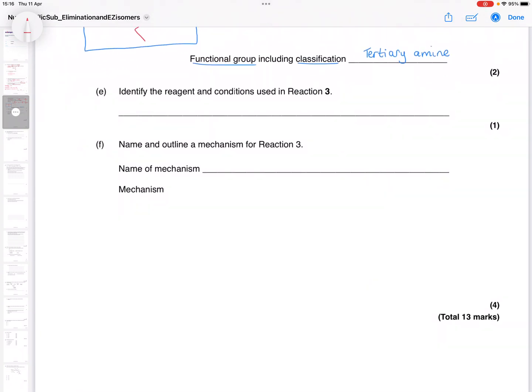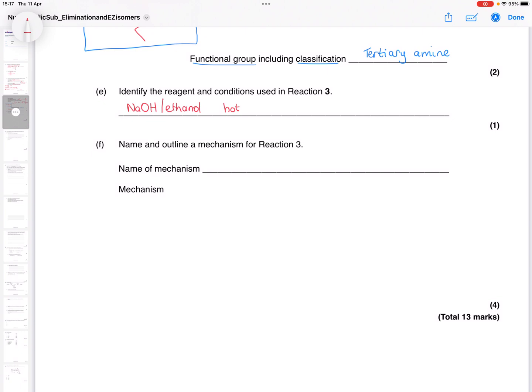So the elimination reaction requires us to use sodium hydroxide or potassium hydroxide. And that must be in ethanolic conditions. And it must be hot.